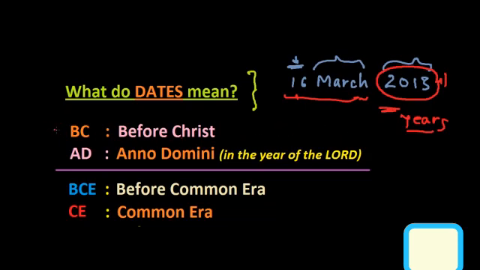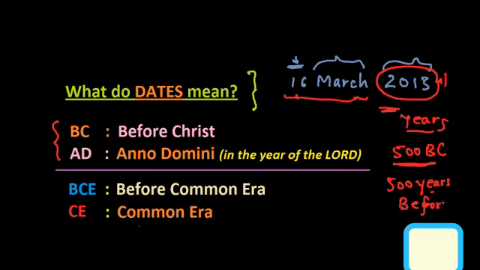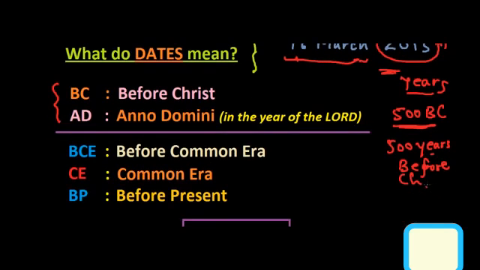Usually they write the word BC or AD after the year. For example, 500 BC. When we say 500 BC, that means 500 years before Christ.